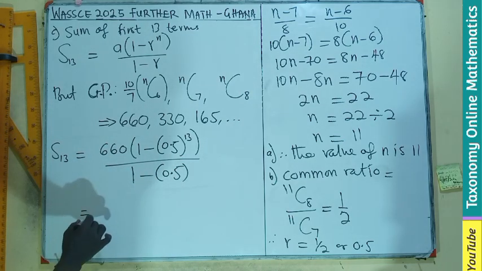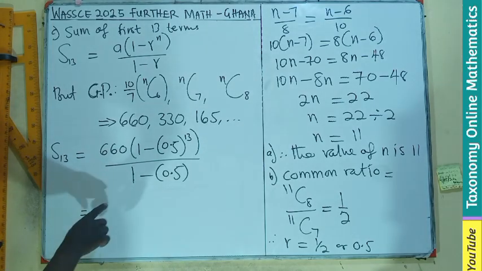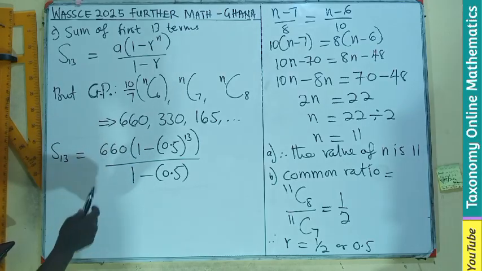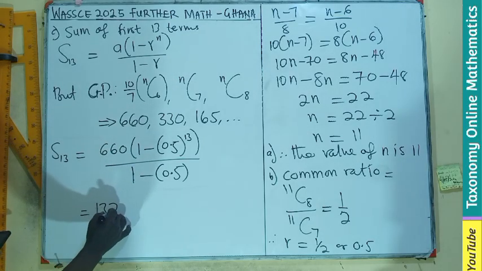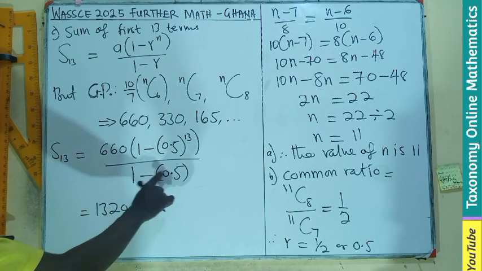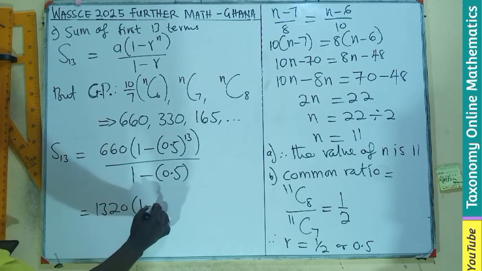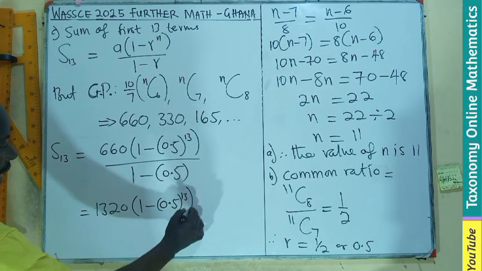Now I'm going to put it all in the calculator because of space, or we go one step down by saying this is going to be half. So half will multiply this. 6 times 2 should give you 132. Then it means that nothing is in the denominator again. We only have 1 minus 0.5 raised to the power of 13.